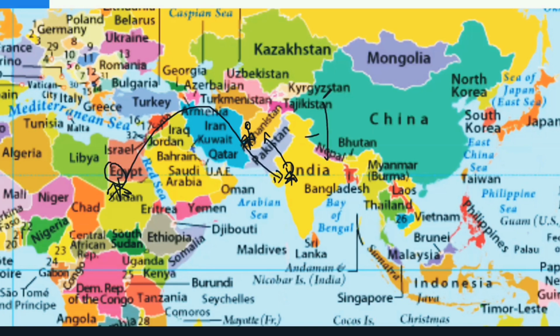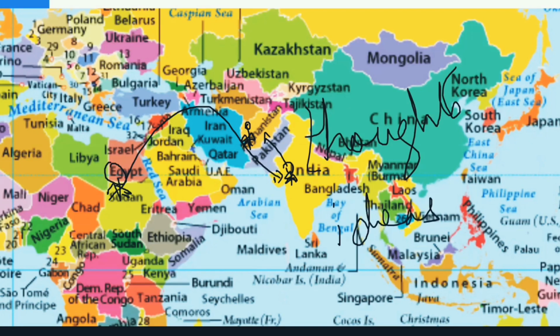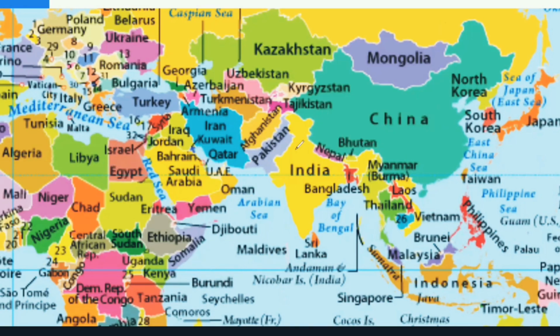Their thoughts, their ideas, their cultures. Their thoughts, their ideas, their culture, their commodities, everything they will be bringing with them to our country. So like this, there is an efficient cultural transmission and diffusion with other countries in India, right?